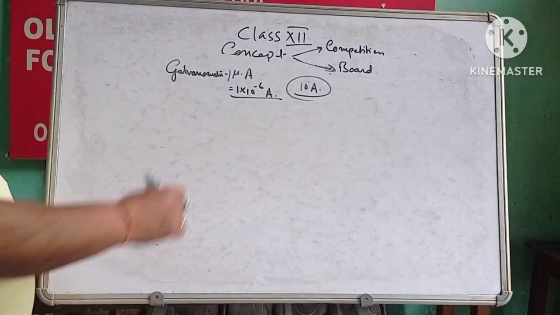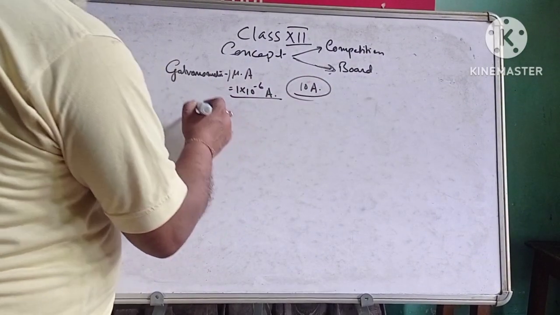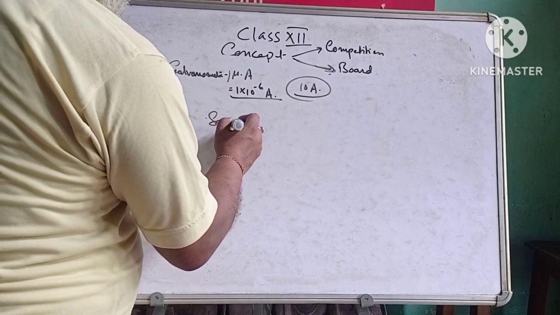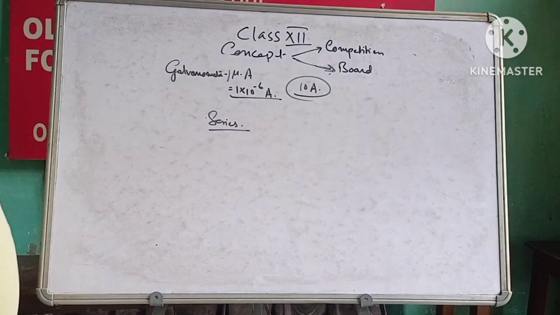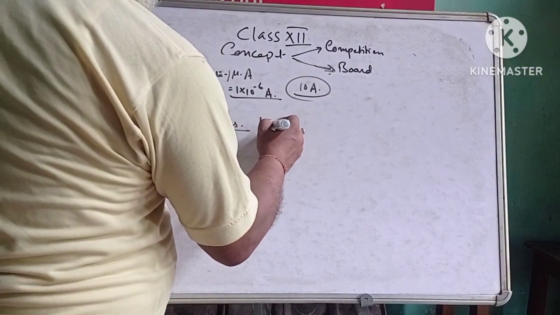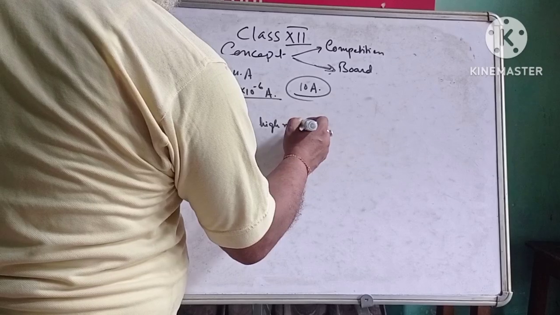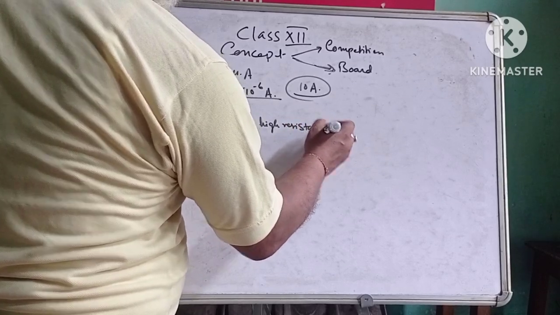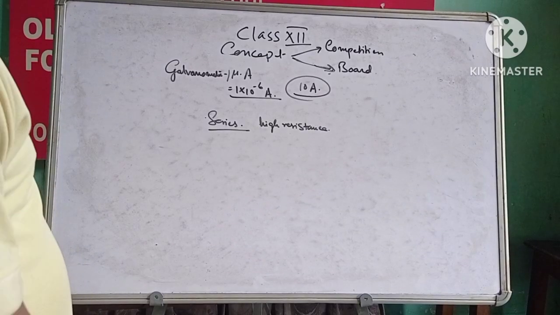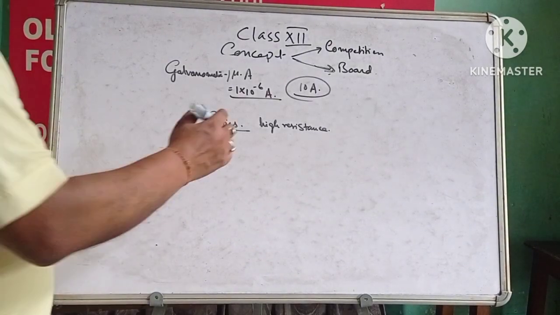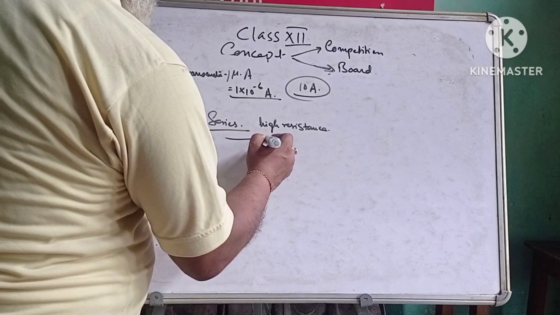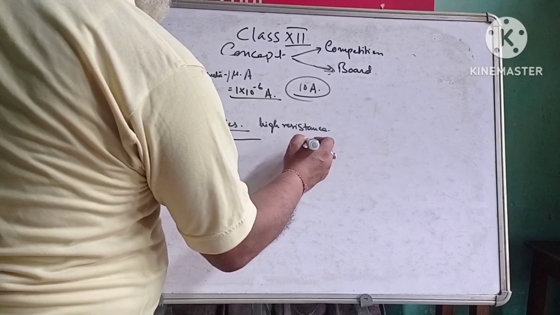we know that to measure current, we connect the galvanometer in series. And a galvanometer has a high resistance. Since the galvanometer has a high resistance, you won't get the actual current flowing through the circuit.